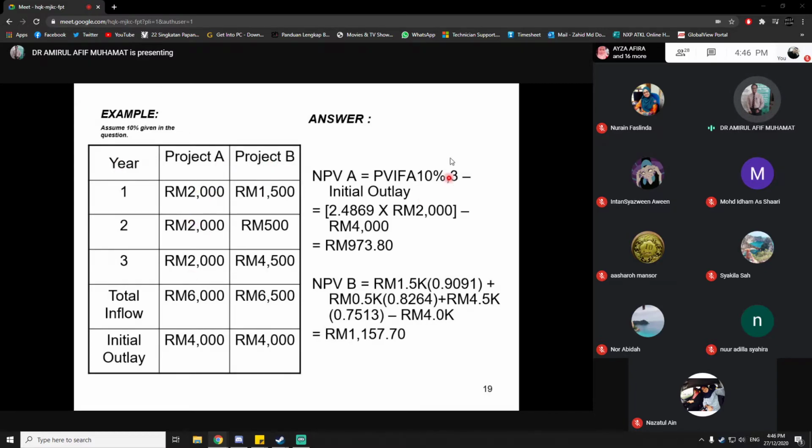So PVIFA, 10%, 10% is given in the question. So 10% given, 3 years, 3 here is 3 years, 1, 2, 3, so 3 here is the whole period of the project.